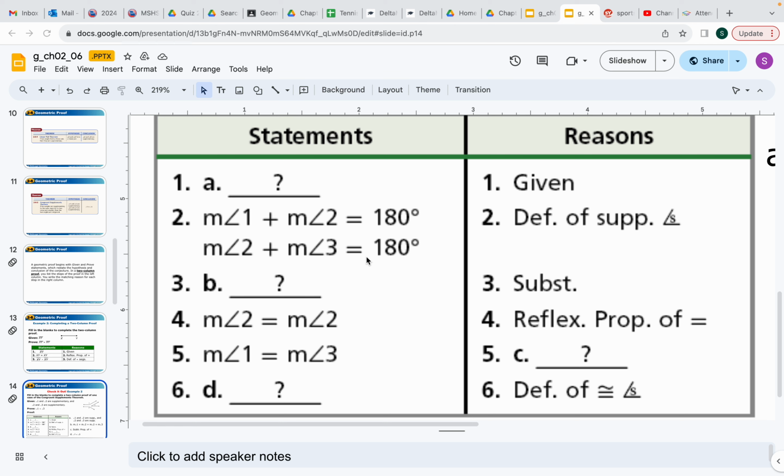And we're going to solve for those empty boxes. Supplementary, yeah. So you can write out supplementary so you know. All right, do we all have that written down?